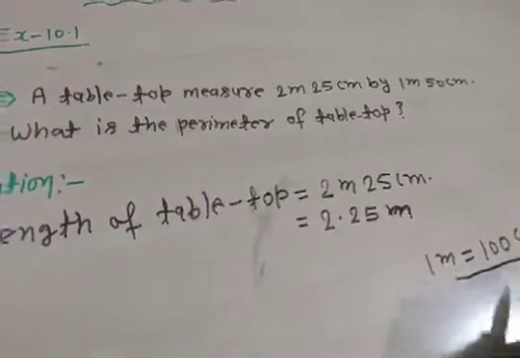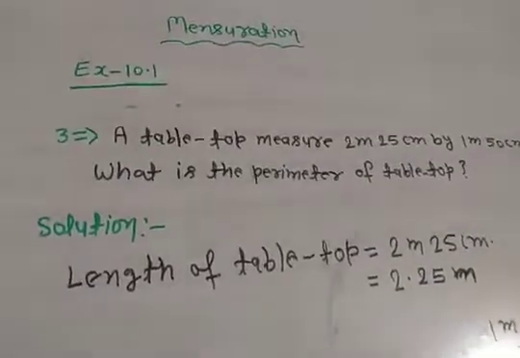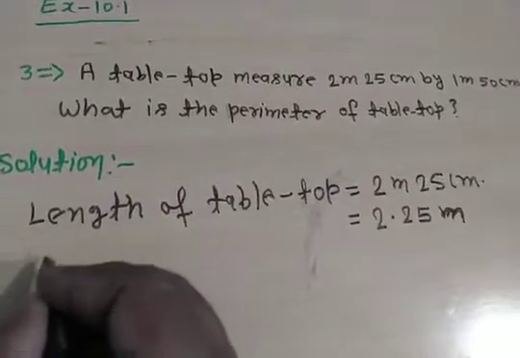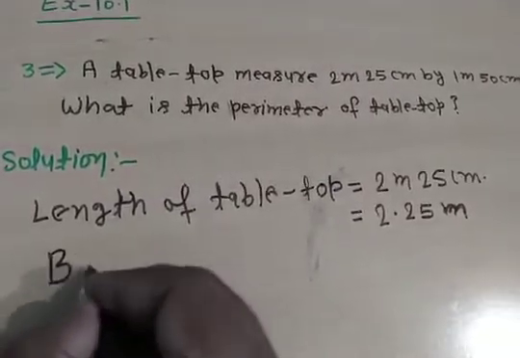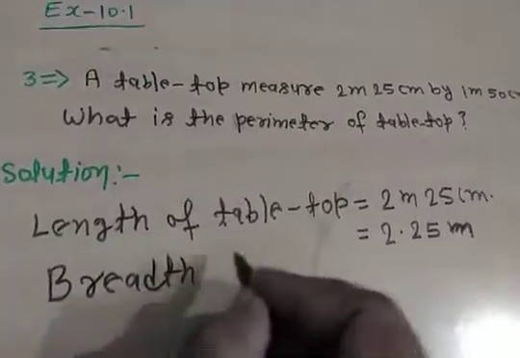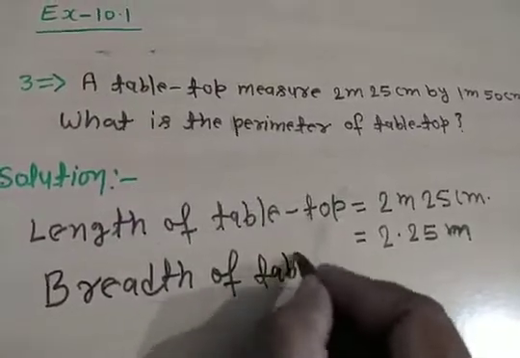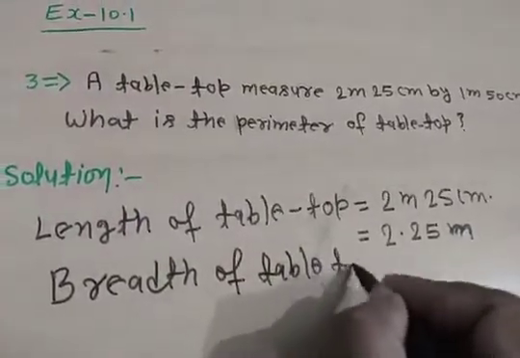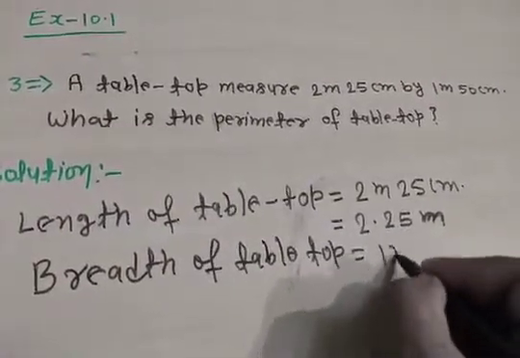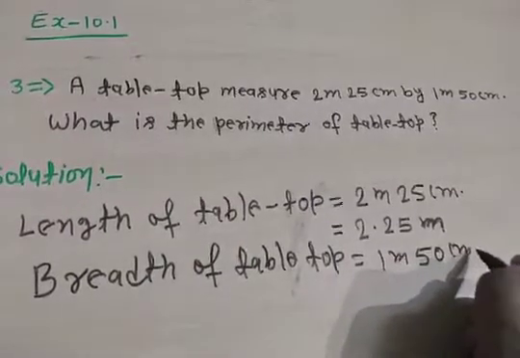Clear? Now we find the breadth of the tabletop. Breadth of the tabletop is equal to, this is given, 1 meter 50 centimeters.